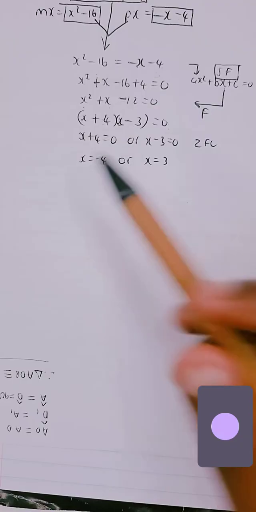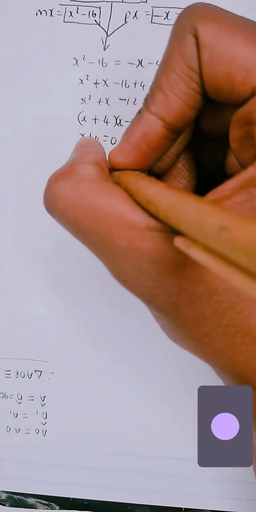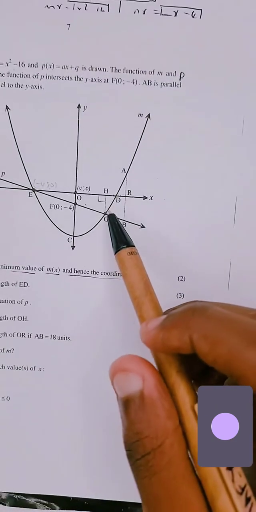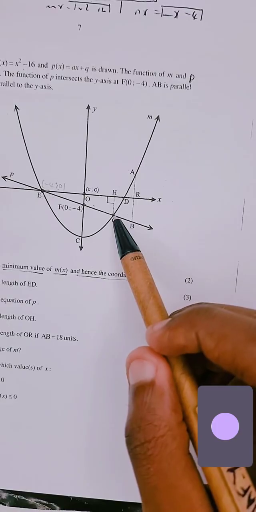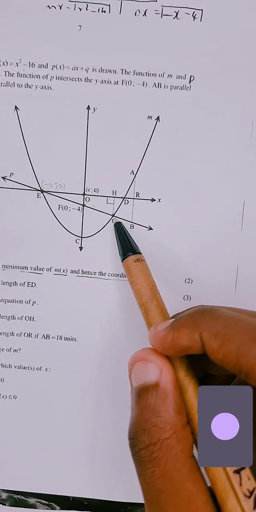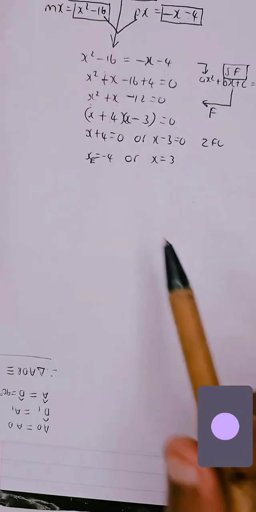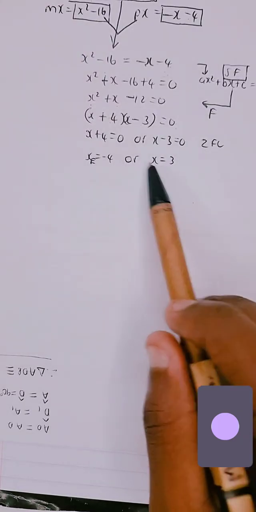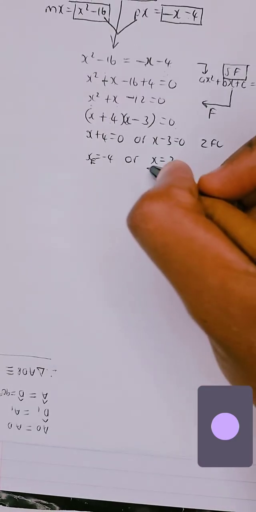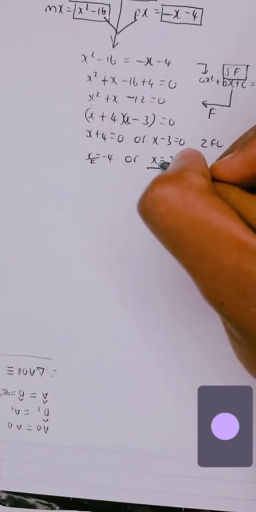You see this answer? So this represents the x coordinate of E. And what is supposed to be the x coordinate here of G? Your other value.